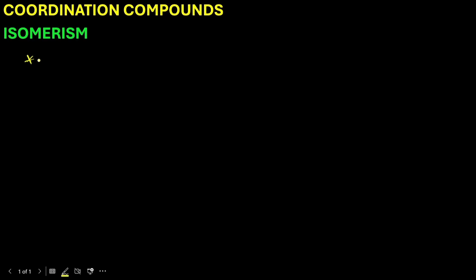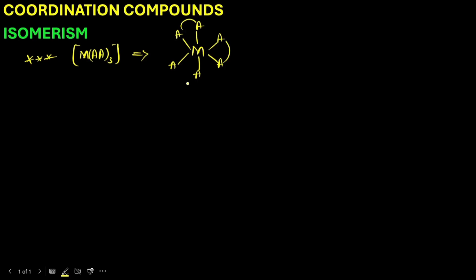Next, coming to another type of complex, which is M(AA)3. If you write the structure of this complex, it will be M, to which 3 bidentate ligands are attached. Since it is a bidentate ligand, this will be the structure.